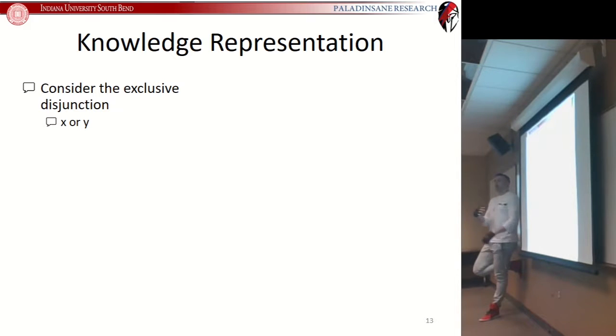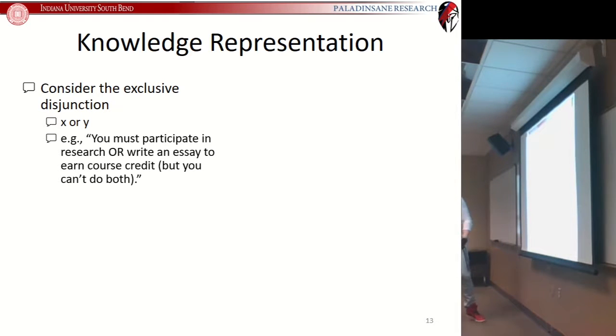We know what your options are that are going to fit that rule. We know that this means that you can take one or you can take the other, but you cannot take both. And we also know that if you don't take any, you're not satisfying that exclusive disjunction.